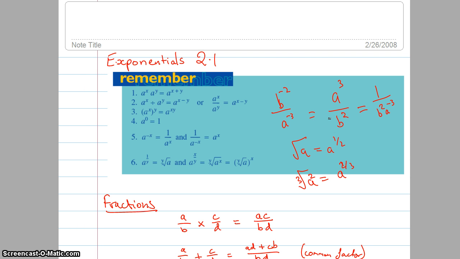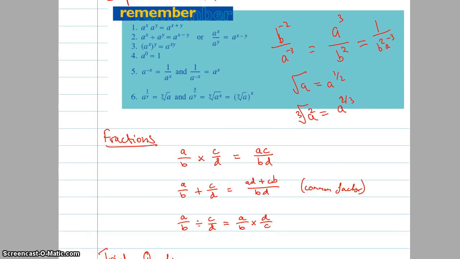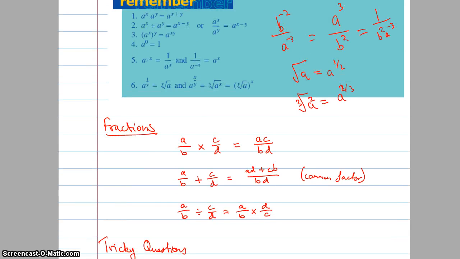Okay, the other thing that you just need to remember is some fraction things, because we don't need to teach these, but it's important to know these kinds of things. So when you've got two fractions multiplied together, you just multiply the tops and multiply the bottoms. When you've got two fractions added together, you have to get a common denominator.